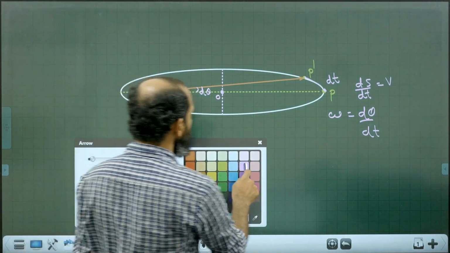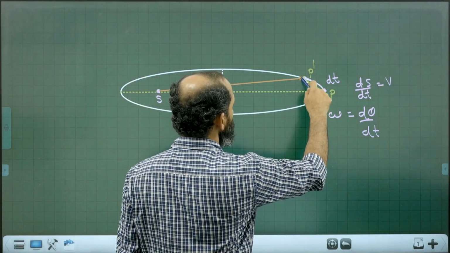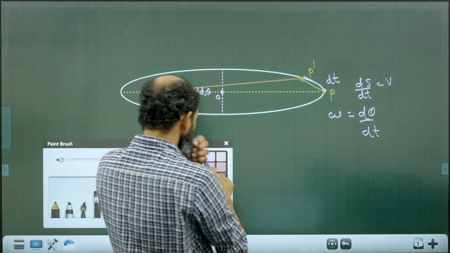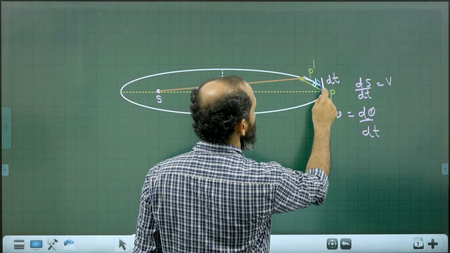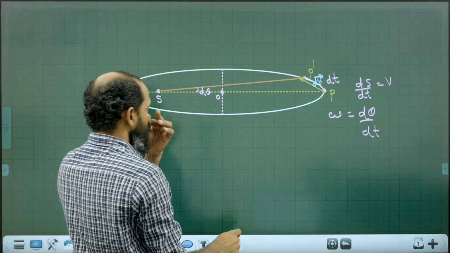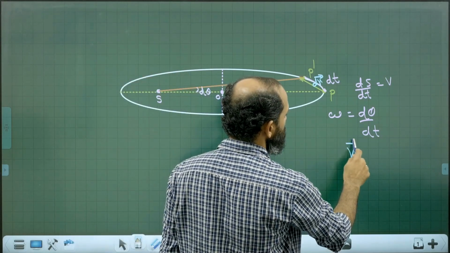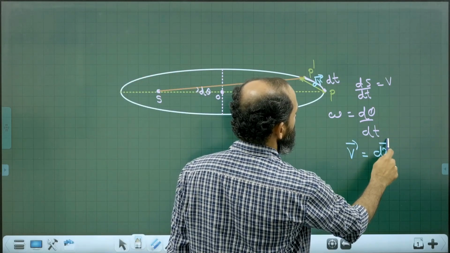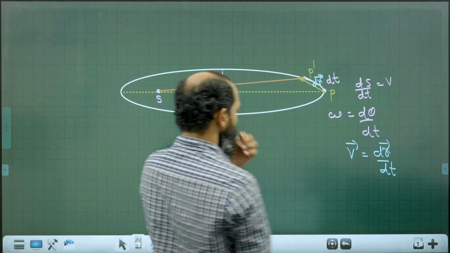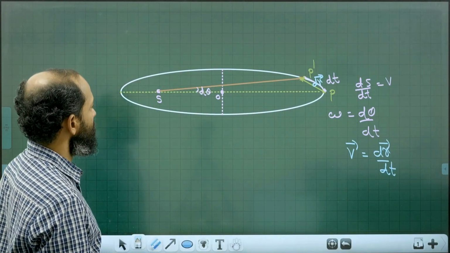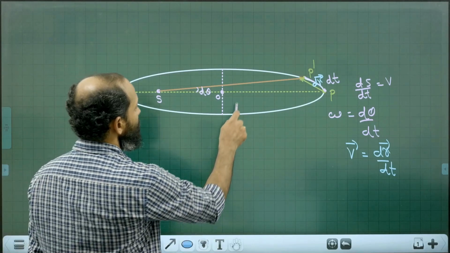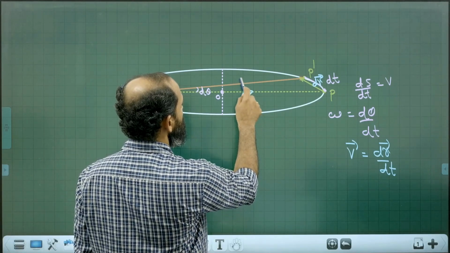The displacement vector can be drawn from P to P dash. Let that displacement vector be vector dr. Then the instantaneous velocity vector is dr by dt. The position vector has changed from vector r to r dash.